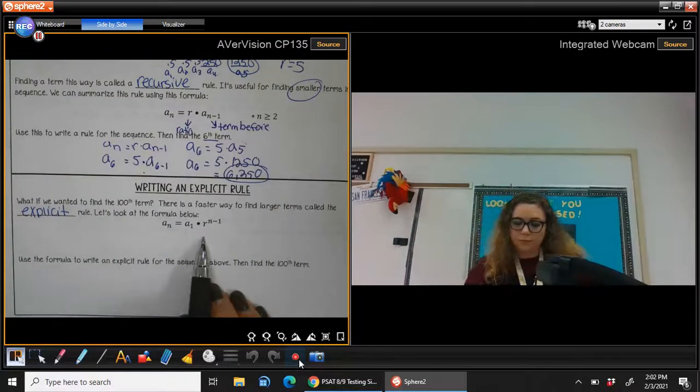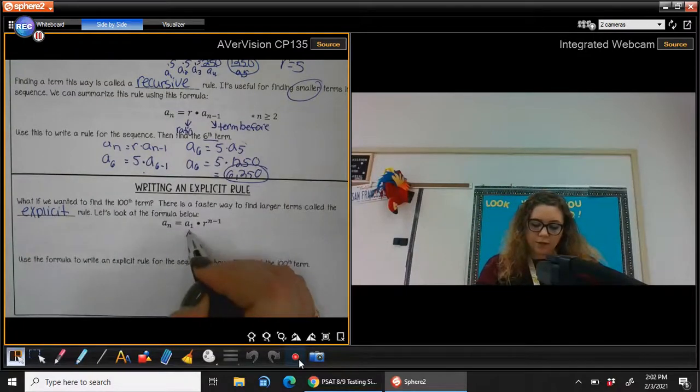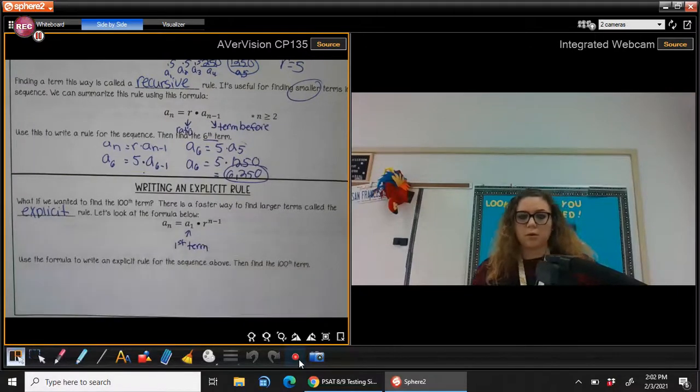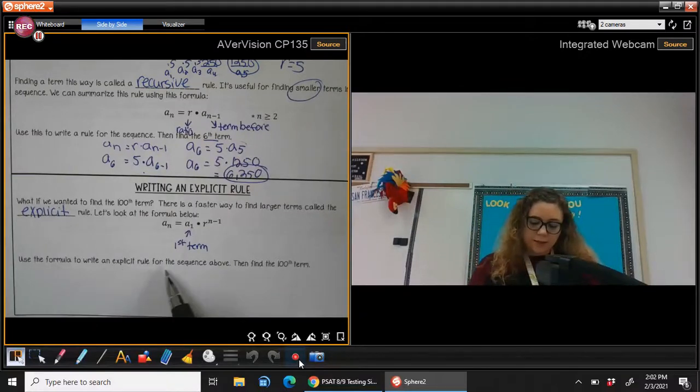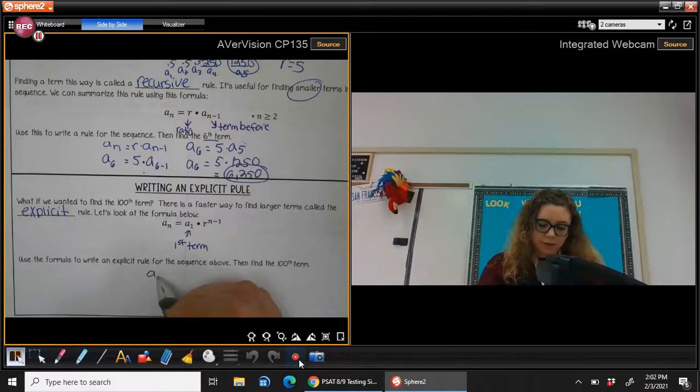a_1 means your very first term of the sequence. It says use the formula to write the implicit rule for the sequence above, talking about this one up here, then find the 100th term. So I'm going to write down my formula, and it wants us to find the 100th term.